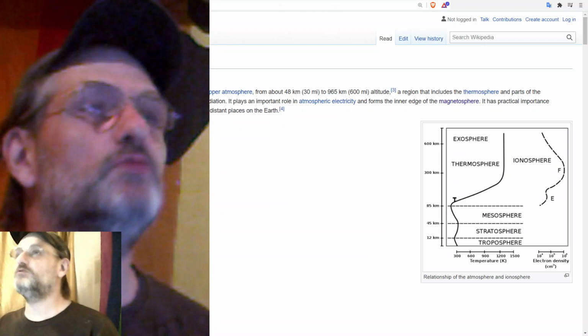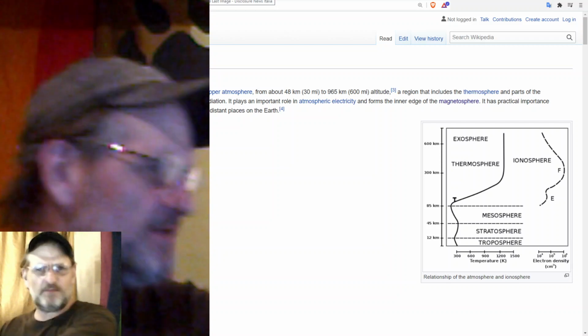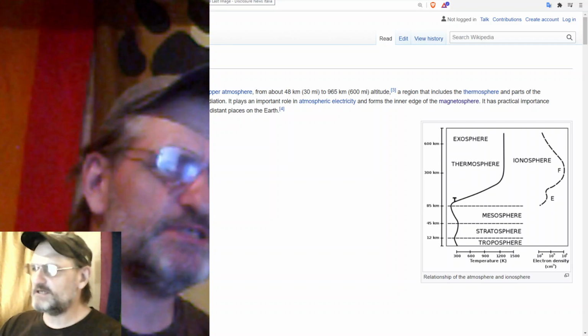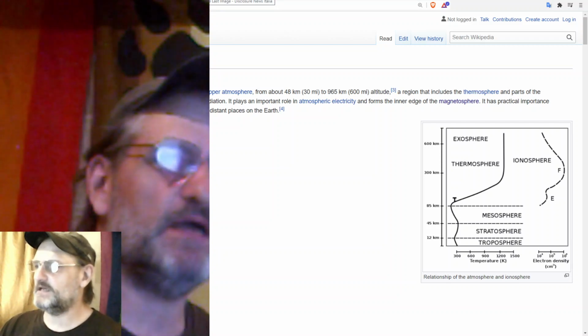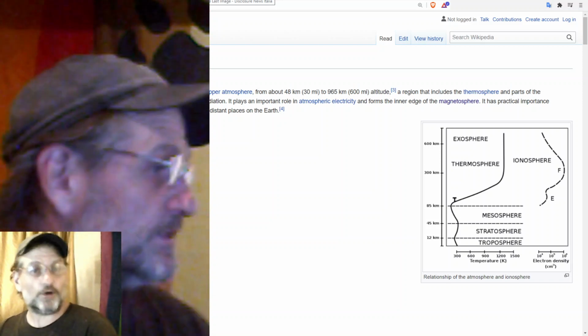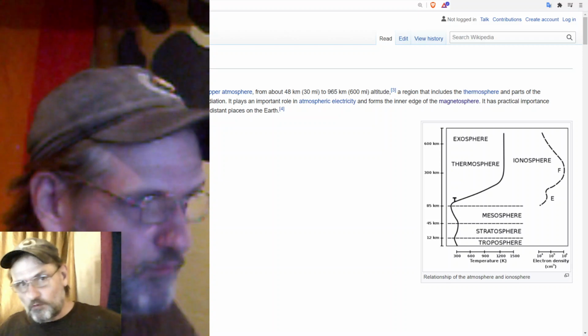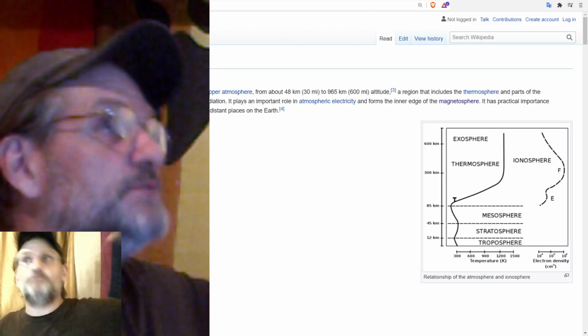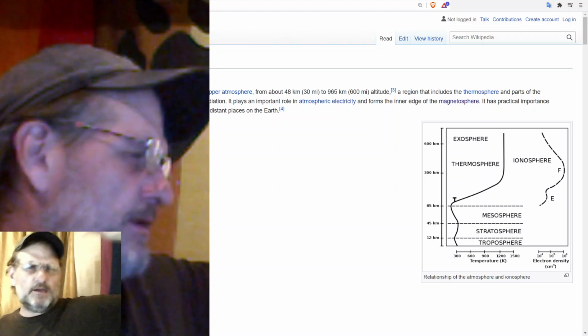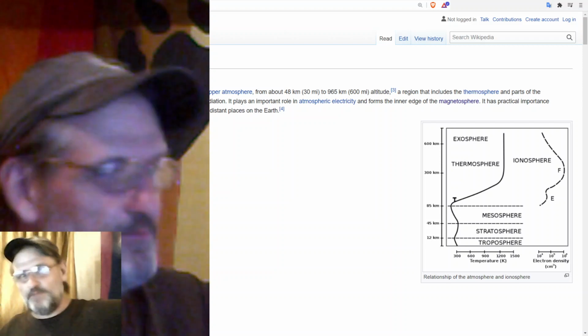Let's go back to where we were before. It says relationship of the atmosphere and the ionosphere. When I use the word atmosphere, I mean a general inclusive thing, not necessarily out to the magnetosphere.